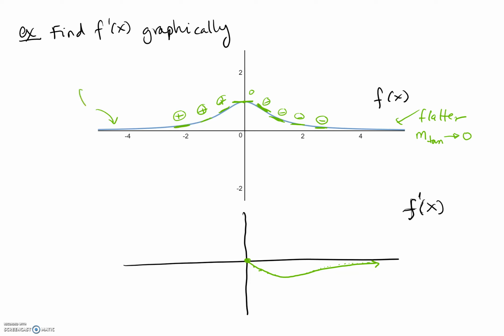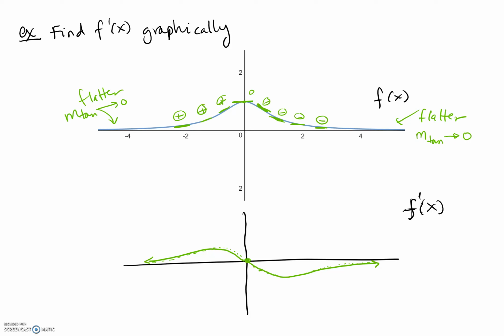And again, at this end, it's also flatter, and it approaches 0. There's symmetry going on too, so the same type of slopes that happen on the right happen on the left, but they're all positives, and then they become 0. So maybe something like that is what my derivative would look like. Again, I don't have the function itself, I'm just guessing what the derivative of the original function, the graph given, might look like.